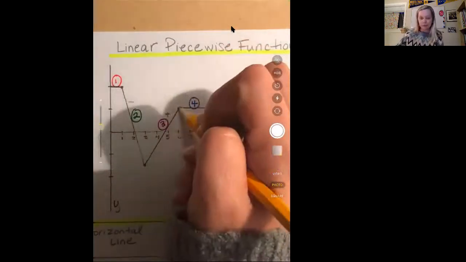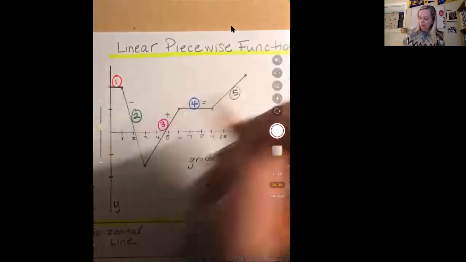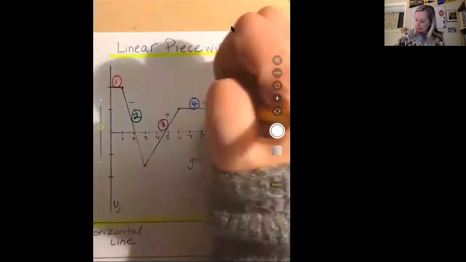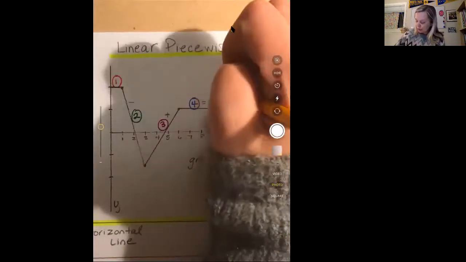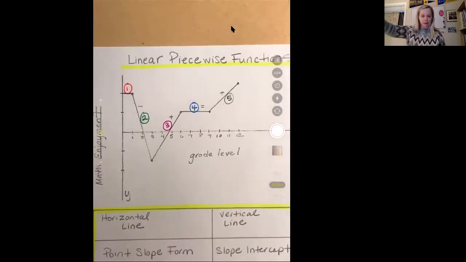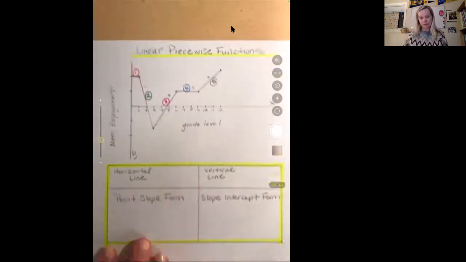So section 3 is gonna have a positive slope. Going straight across is a steady slope all the way across. That's actually a slope of 0, when it has no tilt at all and it's just a horizontal line. And then when I'm going from here to here on section 5, that's positive as well. So it's just helpful to keep in mind as you're going, because we are going to be talking about the slope of each one of these individual sections.